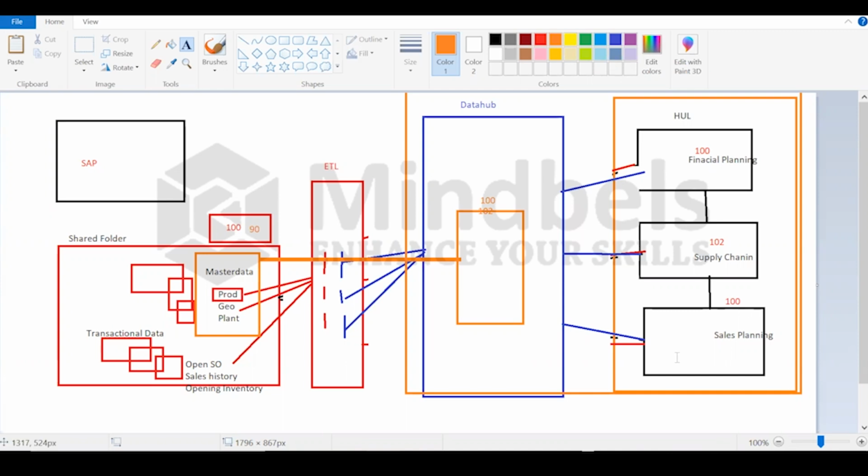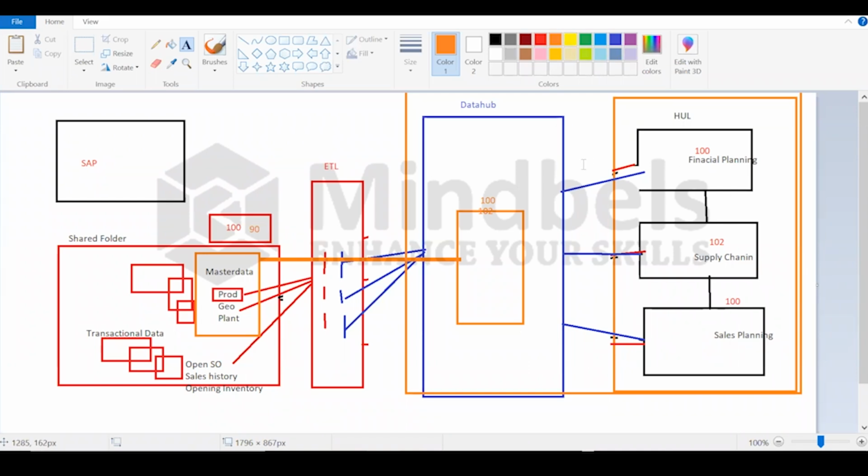Now, if there is any mistake or mismatch between this data hub and the scope models, we just come to the data hub and cross verify. Then we can verify the data. That is the reason we can say the data hub is the single source of truth.